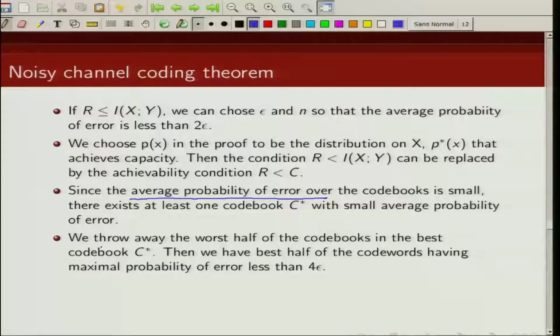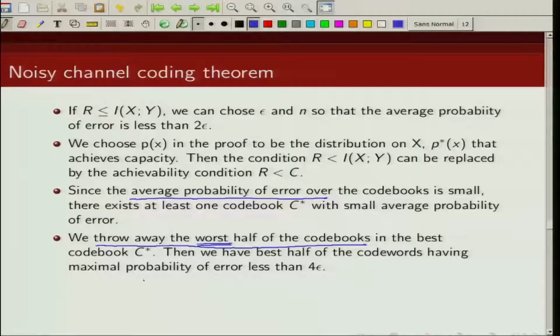Now what we do next is as follows. We throw away half of the code words. And what are these half of the code words? We throw away the worst half of the code words, the ones which cause larger error. Now we are left with the other half, which consists of good code words, and by good I mean the ones which cause less probability of error.